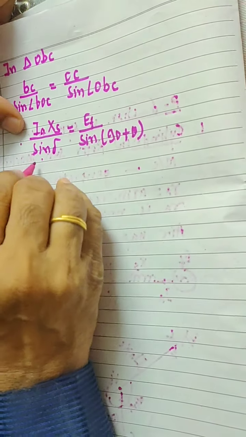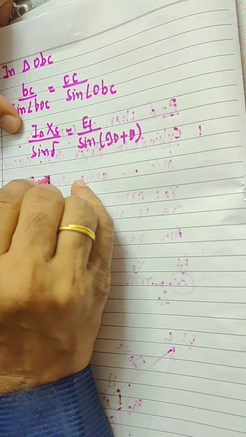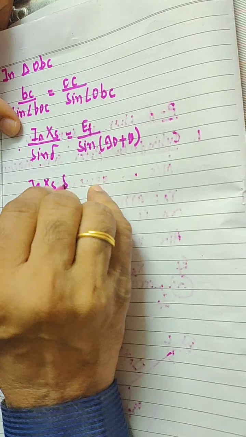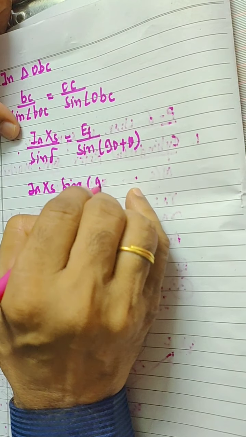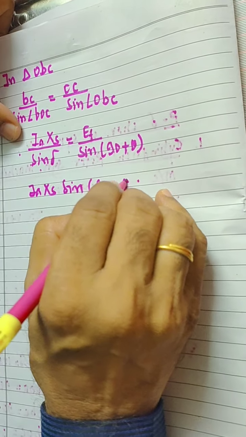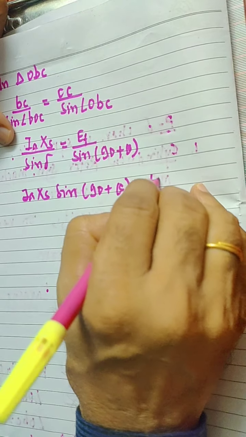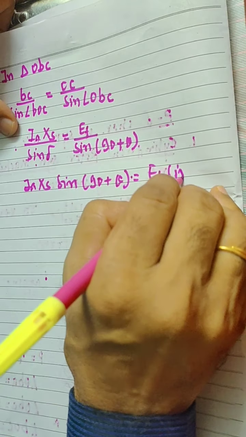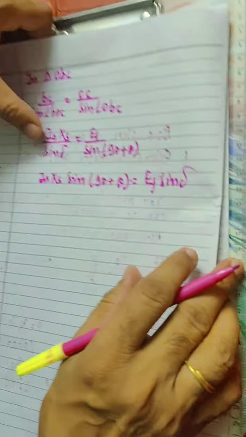So from this, Ia Xs over sine of 90 plus theta is equal to Ef over sine of angle delta.